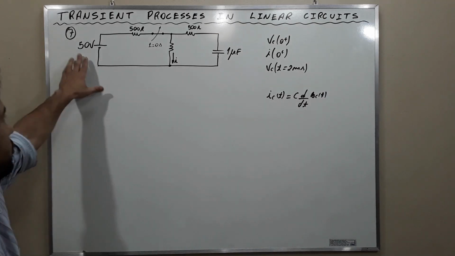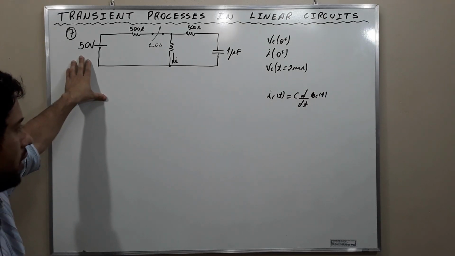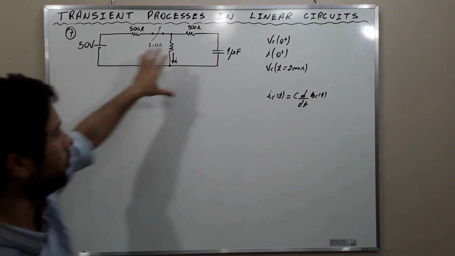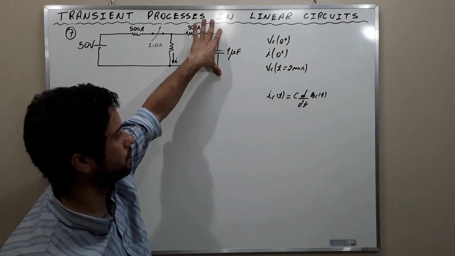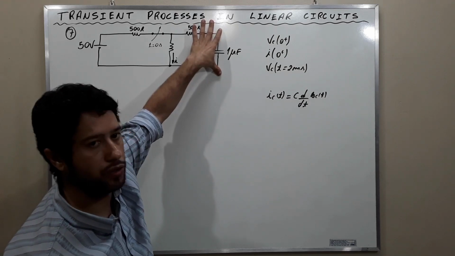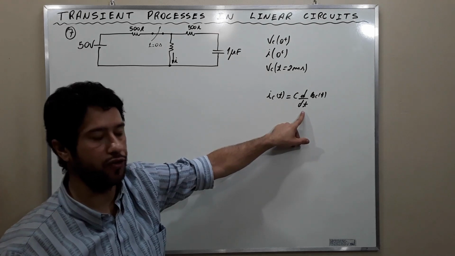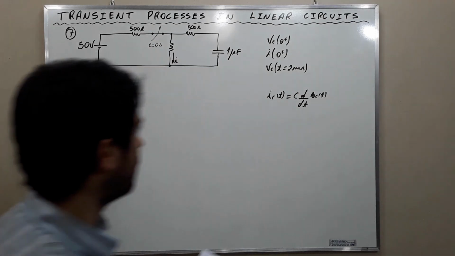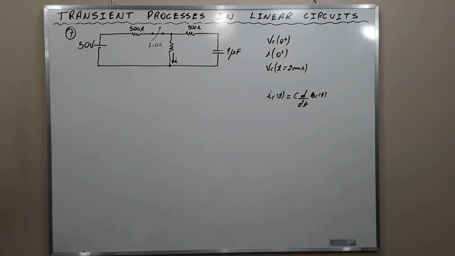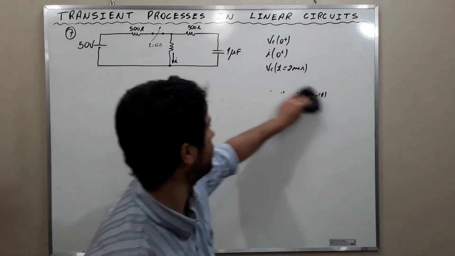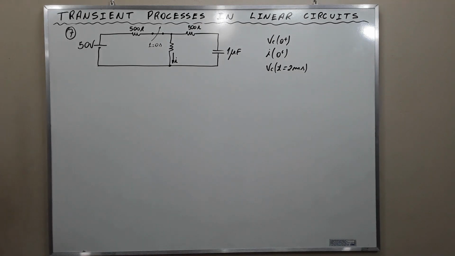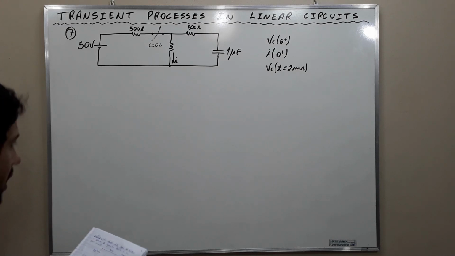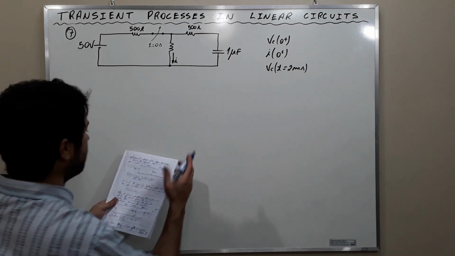As the power supply is DC, after a long time, the voltage here will be constant. The derivative of a constant is 0. This means that the current is 0. When the current is 0, it means that the capacitor is behaving as an open circuit. In this way, the voltage across the capacitor is going to be equal to the voltage here.